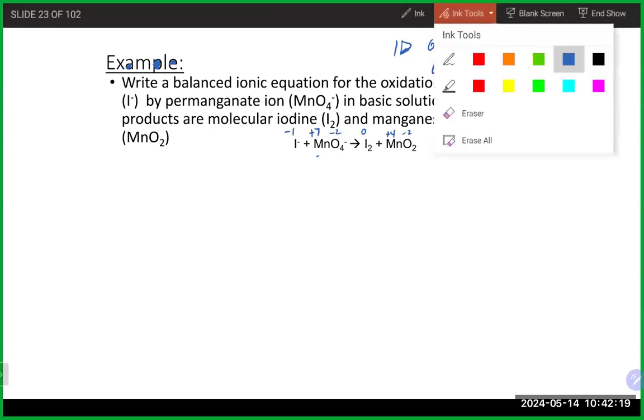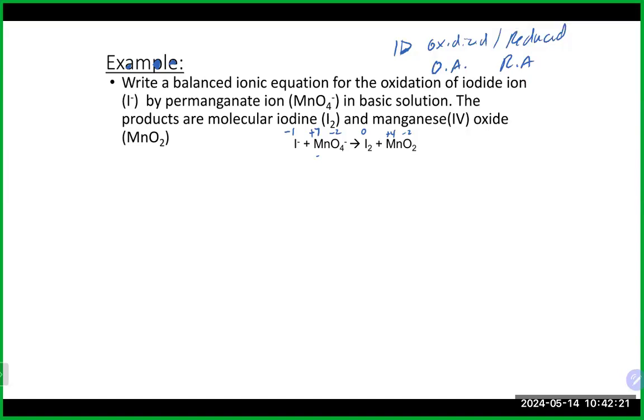So with that being said, we can figure out what's going on. And again, if you wanted to use the little number line approach, we can look at the I. I is starting at -1 here and ending at 0, which means it's moving in the positive direction, which means the iodine is going through oxidation.